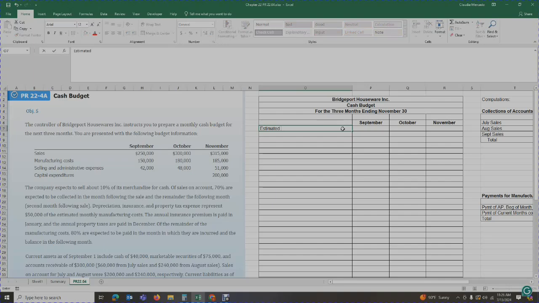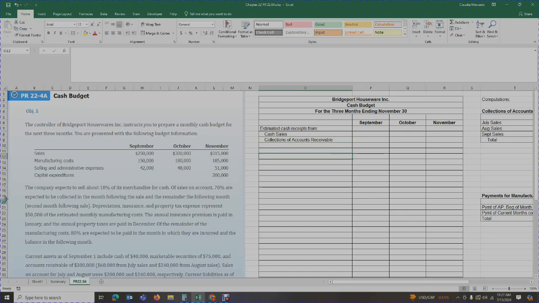So we're going to start with our estimated cash receipts. We have different sources of money coming in. We've got our cash sales, and we've got our collections of accounts receivable. For this particular business, most of our cash receipts are from the accounts receivable.